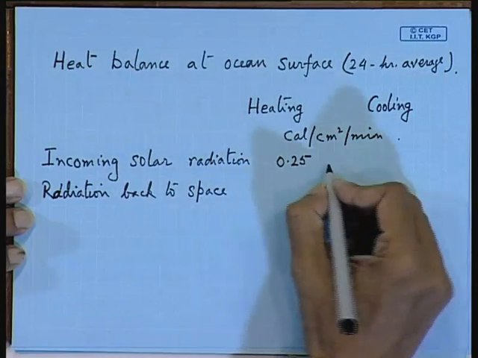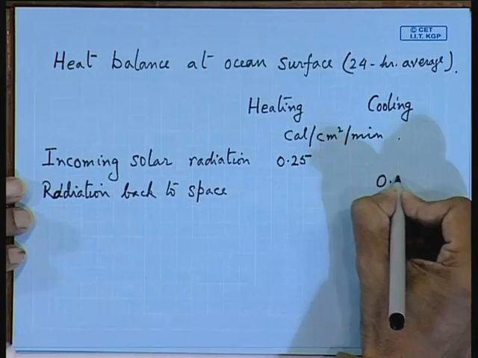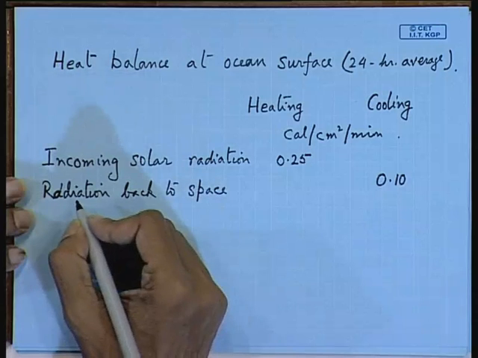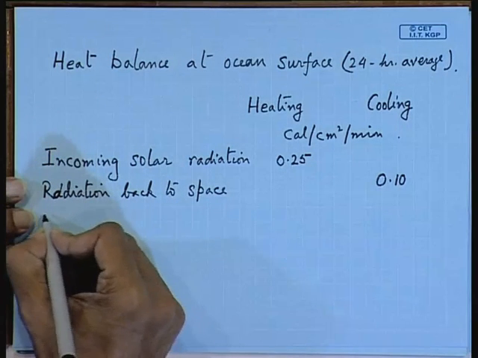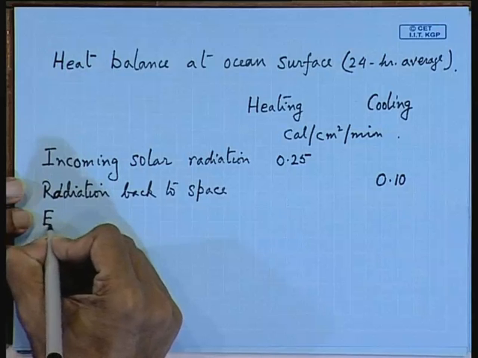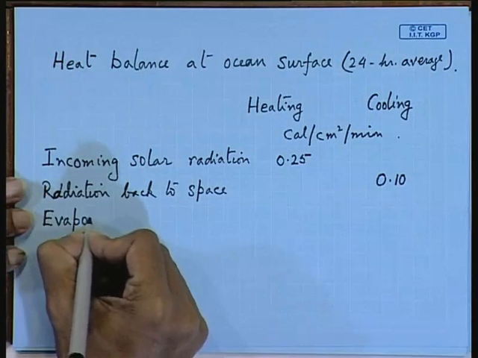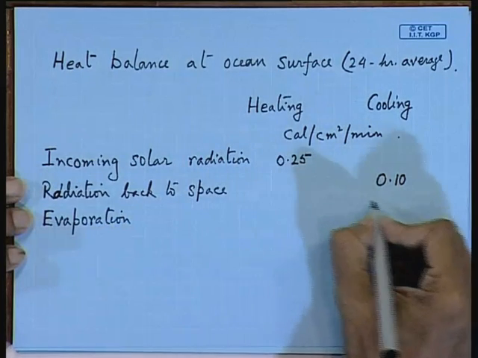Radiation back to space is only 0.10. Obviously, back to space is causing cooling. 0.10 is going out from 0.25. Then, what are the other mechanisms for heat loss? The other one is evaporation, which is 0.13.